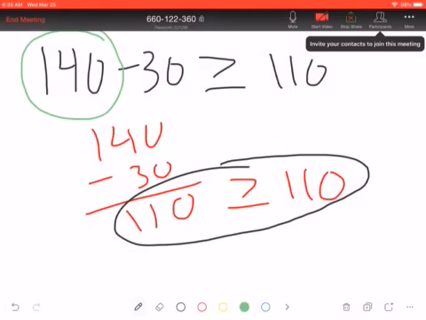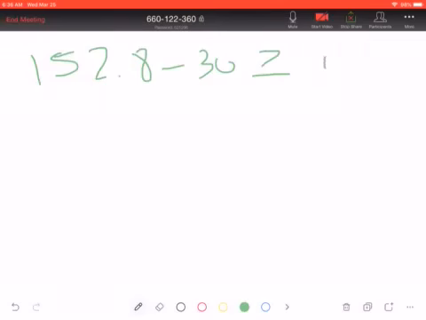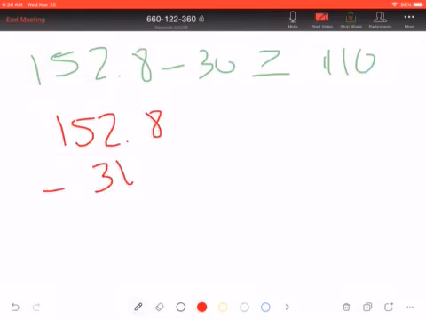All right, so now we got to test two more. So this next person tries to get tricky by throwing in a decimal, so we're going to say 152 and 8/10 minus 30 is greater than or equal to 110. So we'll plug that in. 152 and 8/10 minus 30.